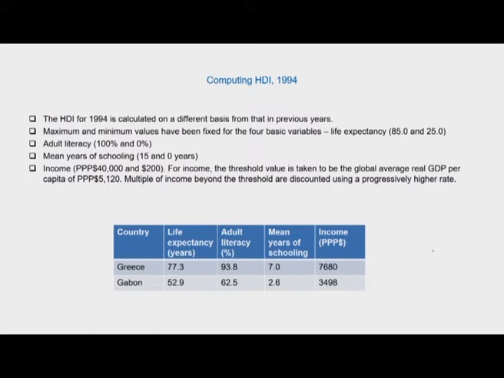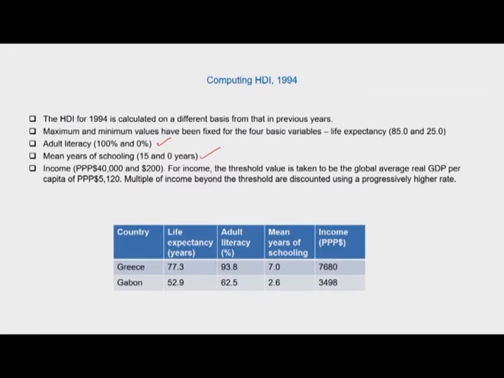Between 1990 and 1993, the minimum and maximum were taken from the list of the countries for which the achievements were shown, but in 1994 the maximum and minimum values were fixed for the four basic variables: life expectancy, adult literacy, mean years of schooling and income. There were two changes that took place. One was the fixation of goalposts, that is, minimum and maximum values, and the second was the change in the indicator list compared to the earlier years.